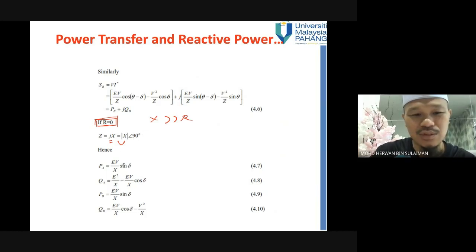So here you can simplify the equation like this. PA equals EV over X sin theta, QA equals E square over X minus EV over X cos theta, PB equals EV over X sin theta, QB equals EV over X cos theta minus V square over X. Slightly different, reversed. So that is the equation.